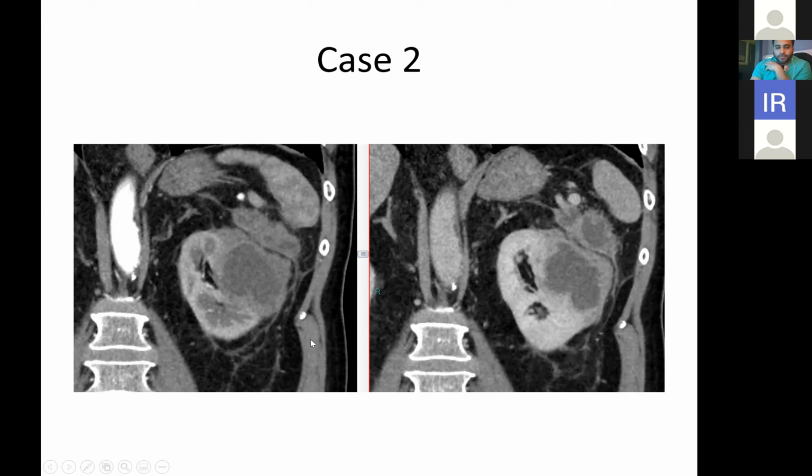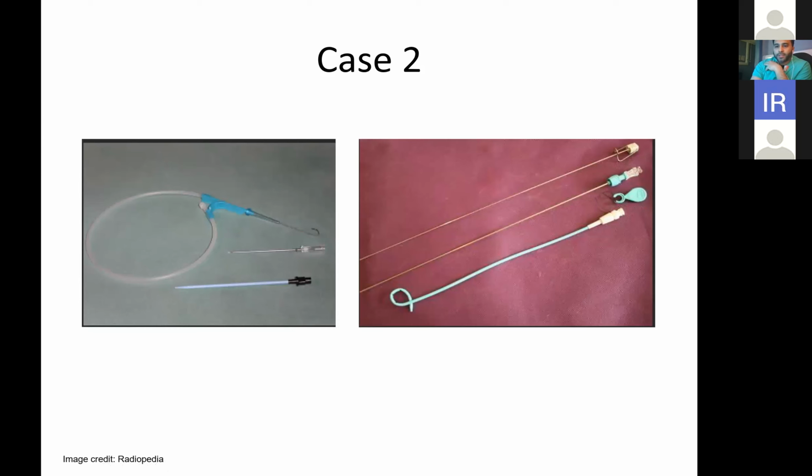kidney itself. So something like this, especially when a patient's really sick, we can get source control with regards to putting in a drain and taking out as much pus as possible. With regards to, again, CT or ultrasound, something like this can easily be accessed with ultrasound.